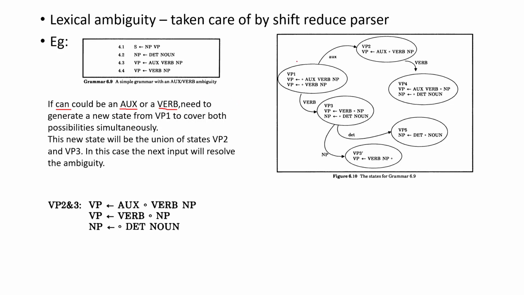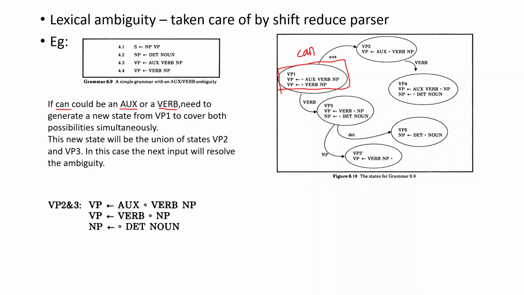Say for example, let us say our shift reduce parser is in this state, and the input we have come across is can. Now according to this state transition diagram, if it is an auxiliary verb, it will go here, or if it is a verb, it will go here. But what we can do is combine these two states.